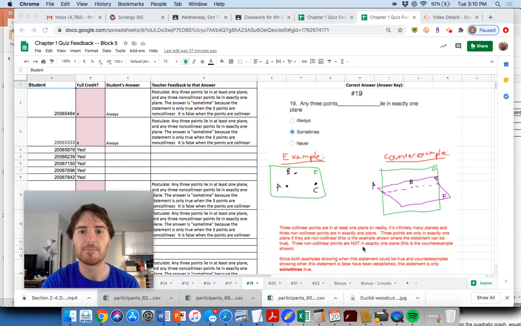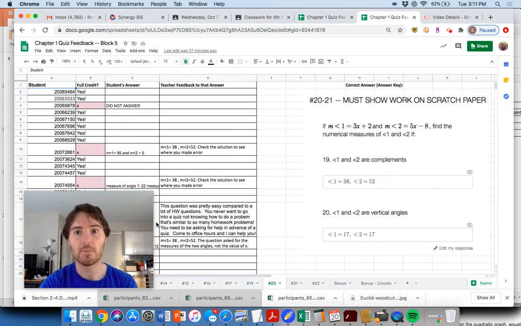So we thought of an example where any 3 points could lie in exactly one plane. That's good. But we also thought of a counterexample where we have 3 points and they did not lie in exactly one plane. Remember, exactly one means one and only one. It lies in more than one plane. So this one is technically a false statement, but we'll say it's sometimes true.